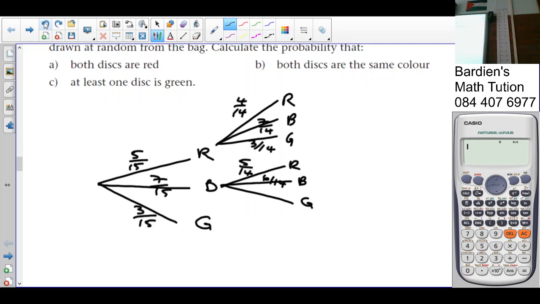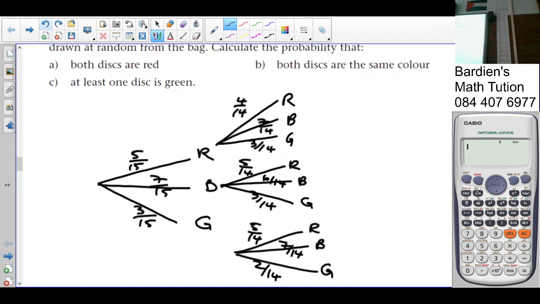And green, 3 out of 14. What if the first disc was green? How many green do we have? 2 out of 14. Blue? It remains 7 out of 14. Red? 5 out of 14. You will agree with that?